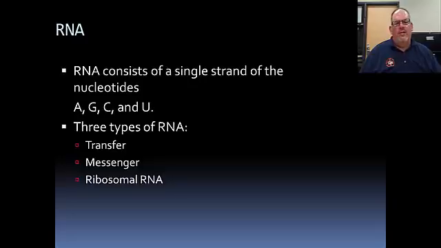And so it's actually going to be transferred from the DNA, and it's going to be made and copied into a strand of RNA. That RNA is going to be made into what we call a messenger form of it. So it's transferred, then it's copied over into a messenger form of it. The messenger form actually goes out into the cytoplasm, out into the cell, and it's going to actually hook up to a ribosome.